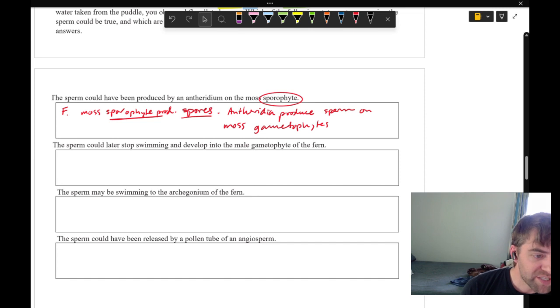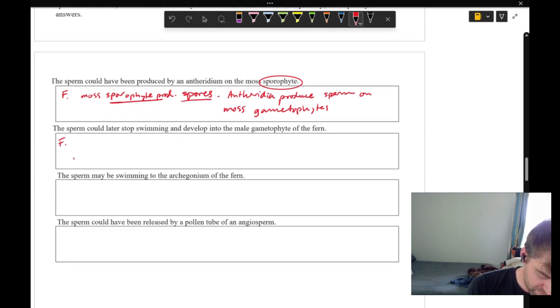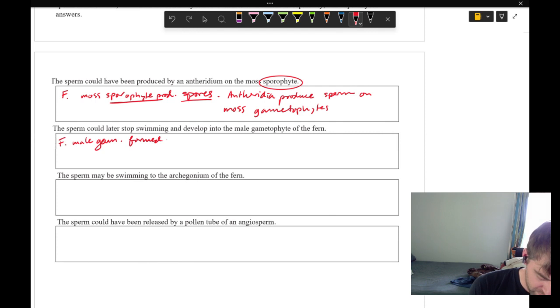The sperm could later stop swimming and develop into the male gametophyte of the fern. This is also false. The male gametophyte is formed following germination of a spore.